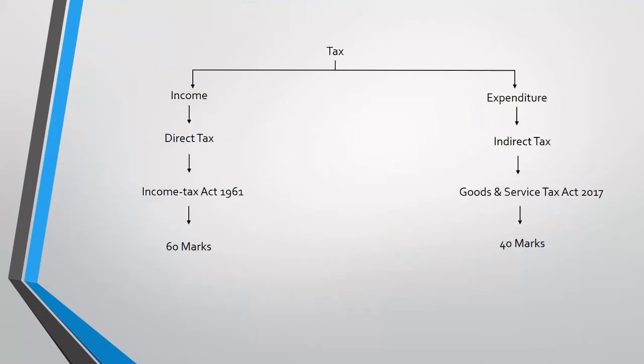Now, it would be very interesting to know that we pay taxes not only on our income, but also on our expenditure. So, for example, if you buy a car, you are going to be paying GST. The vendor is going to collect GST from you. What is GST?